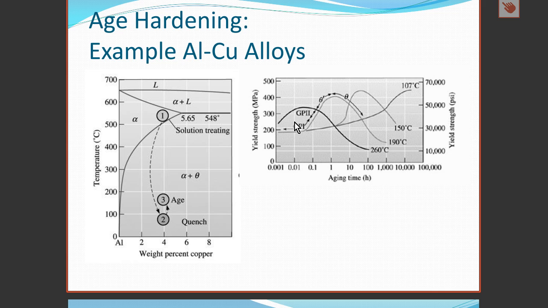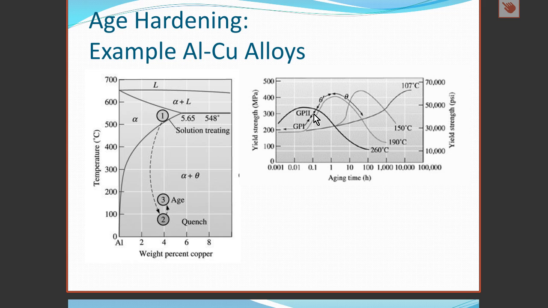These annotations tell us the morphology of the precipitates. Initially, we get what are called GP1. This stands for Guinier-Preston zones of type 1. These are almost just an atom layer thick, or a unit cell thick layer of precipitate is forming at this stage.